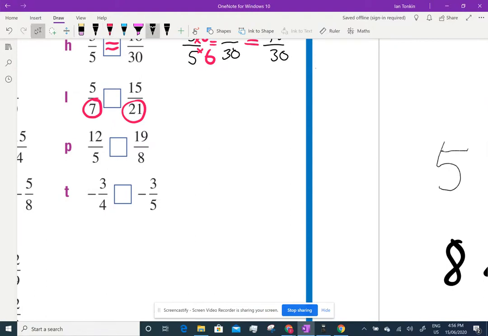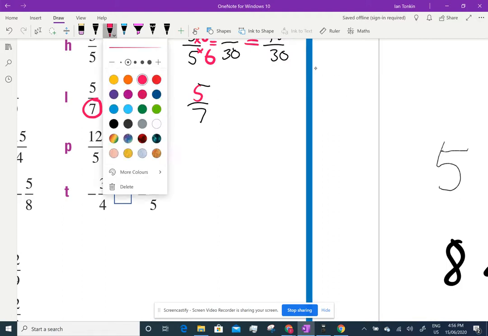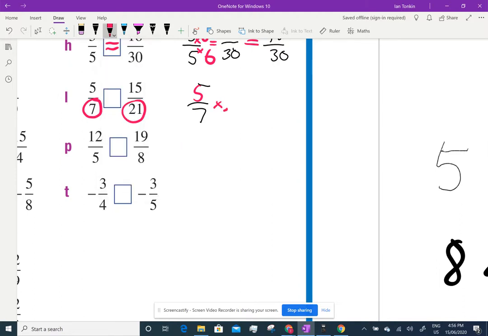So I'm going to write 5 on 7. And I'm going to multiply that by 3, top and bottom. And that will give me 3 5s are 15 and 3 7s are 21.